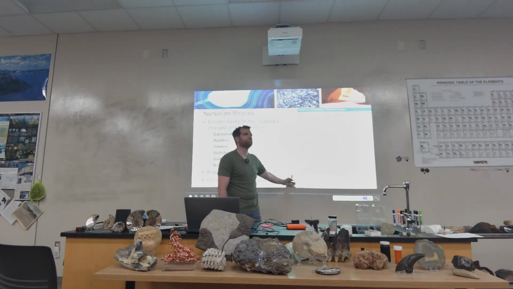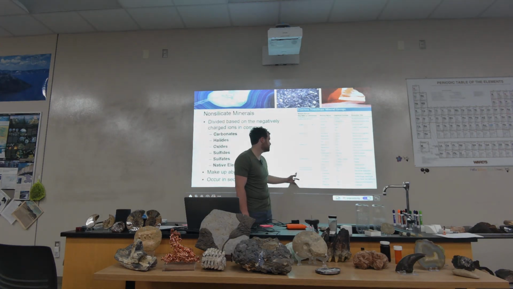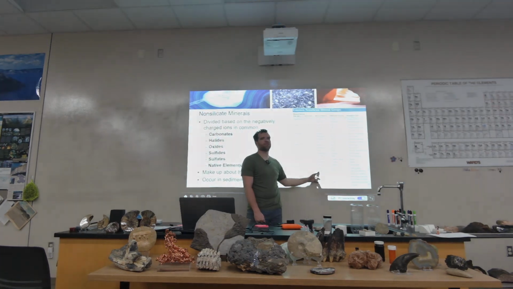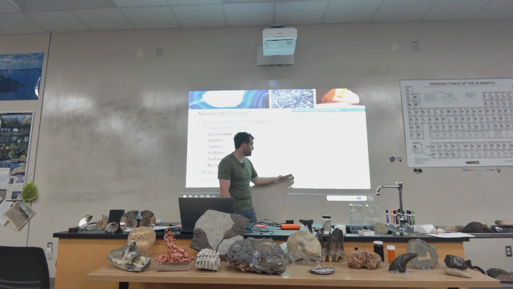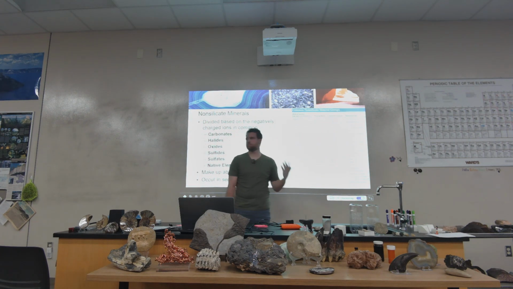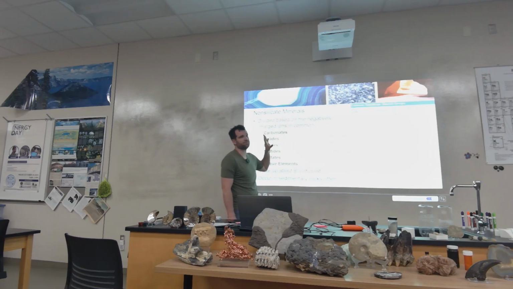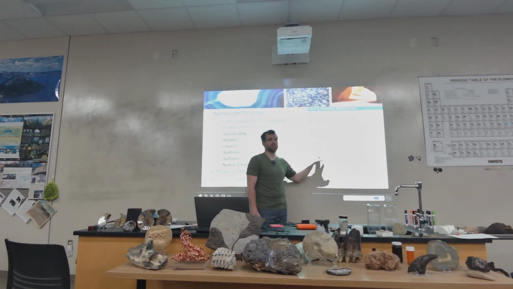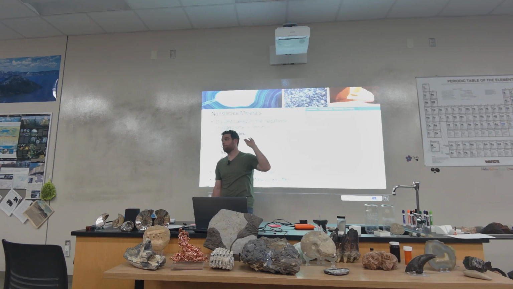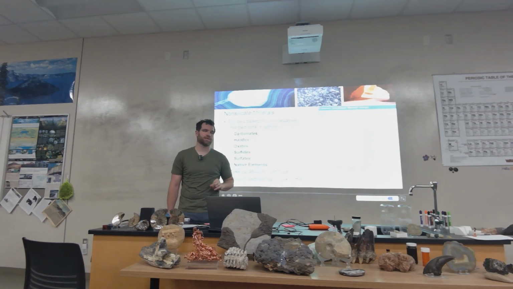And then you've got your native elements, the things that we commonly find only with itself. Gold, silver, platinum, all of those things, okay? All of those are non-silicates, but they form the vast minority of types of minerals that we find. The vast majority are those silicates.